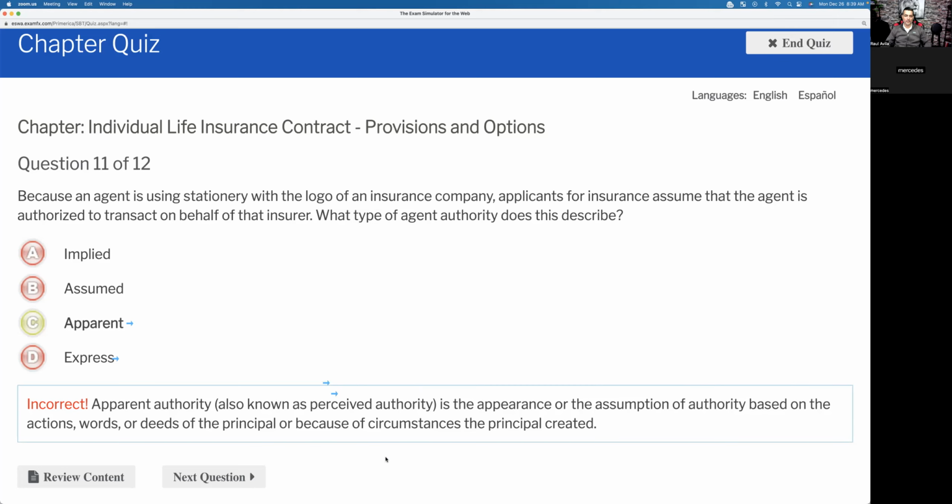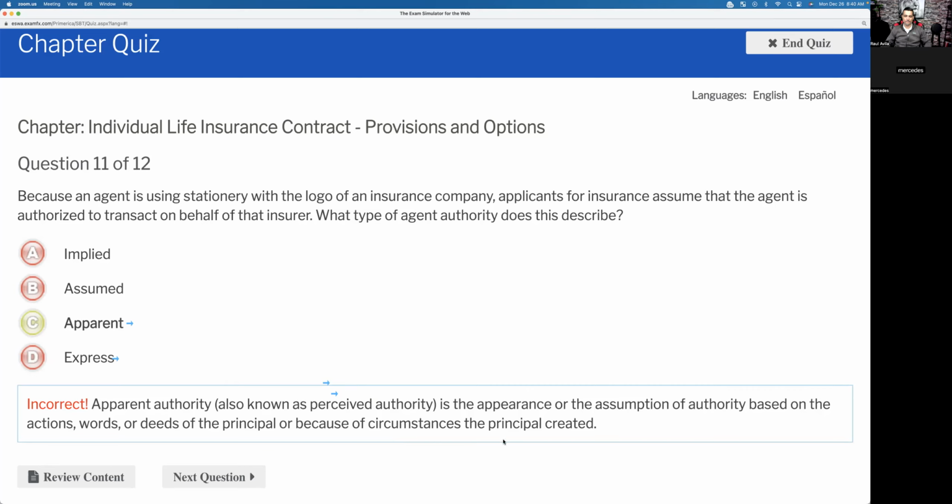And then implied authority is the same thing as assumed authority. Got it? So implied authority is the same thing as assumed authority. But apparent authority is the same thing as perceived authority. And express authority is in writing. It's in the contract. Okay? Any questions on that?